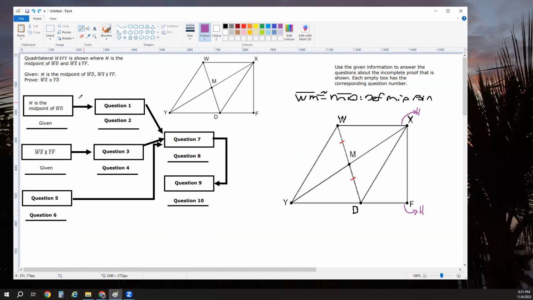But what is it asking me? Right now it's asking me to prove that WX and YD are congruent. These are what I'm trying to prove are congruent. All right.